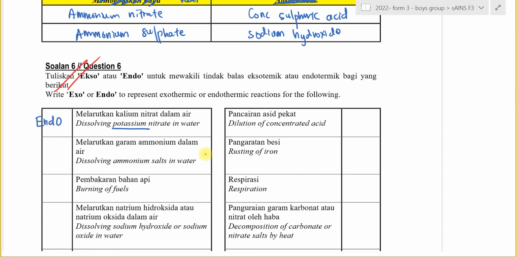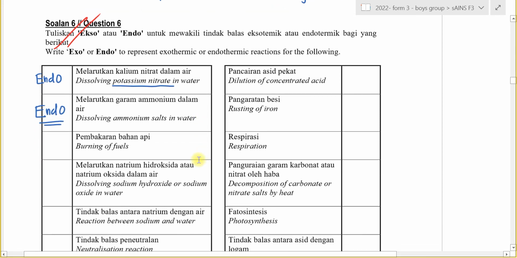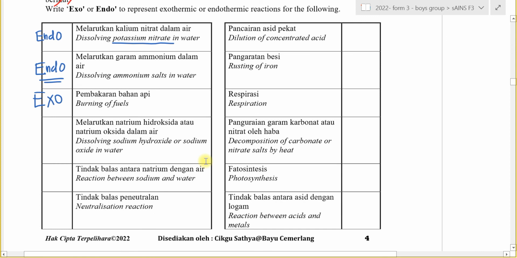Okay, potassium nitrate is endothermic. Next one. Dissolving ammonium salts in water. Endo. Ammonium salt, everything is endo. Burning of fuels. Burning of fuels exo. Exothermic. Next. Dissolving sodium hydroxide or sodium oxide in water. Exo.